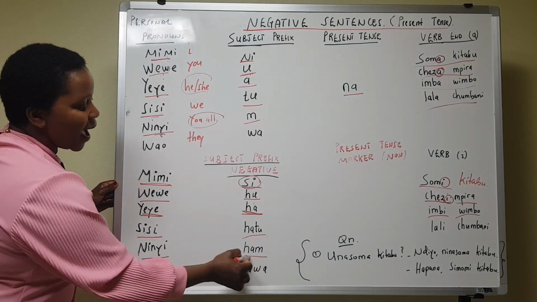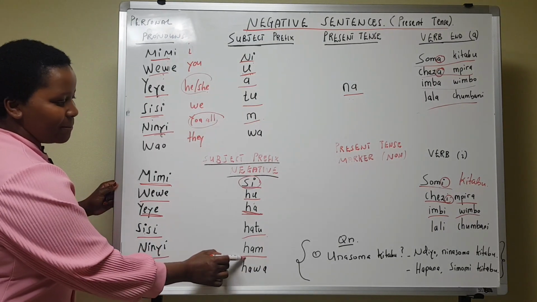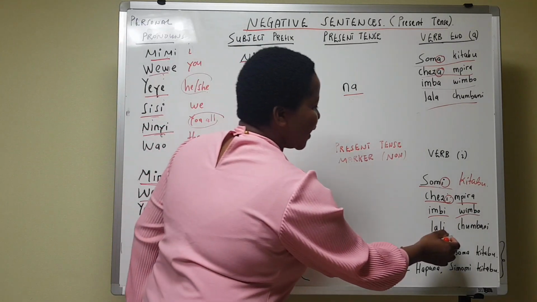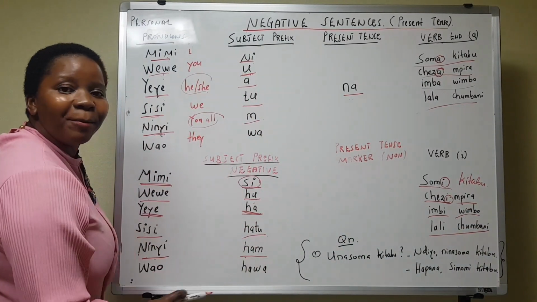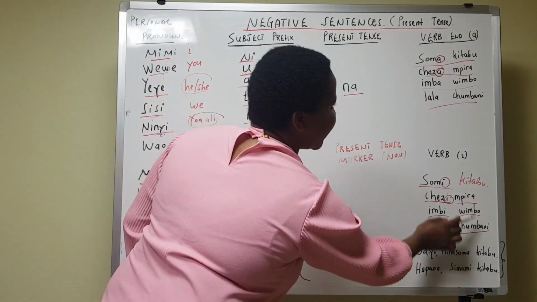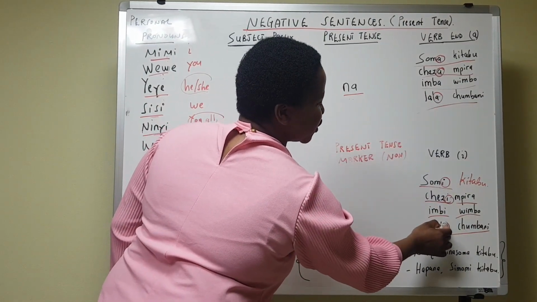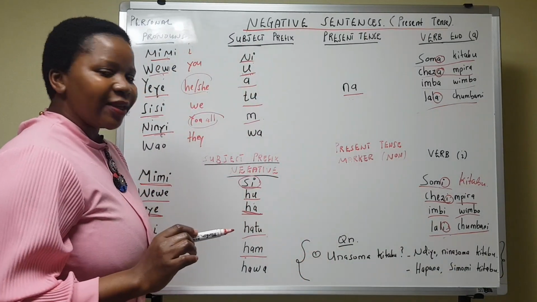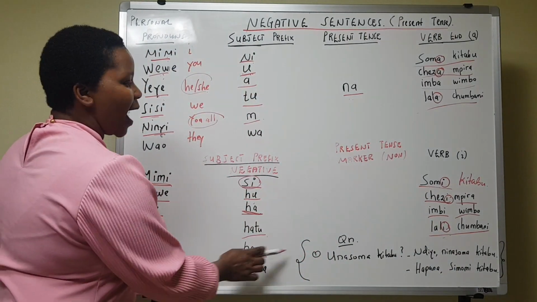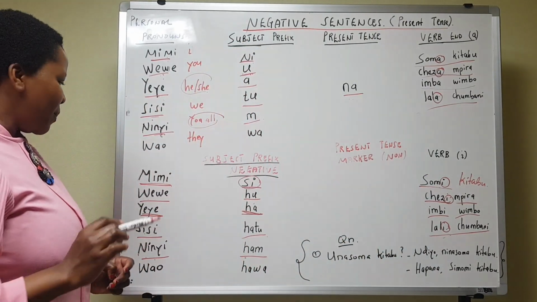Ninyi hamlali chumbani. So with lala, the verb ending a has to change into e. So ninyi hamlali chumbani.